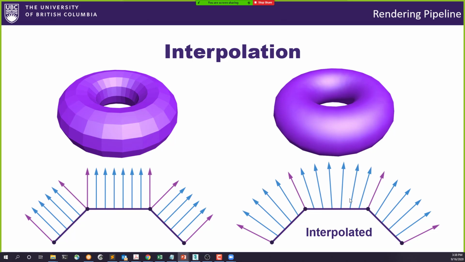The way we interpolate that is, instead of computing the normals per triangle, we compute normals per vertex. This is basically computing the normals on all the triangles that are neighboring this vertex here, and you just average all those normals and you get the normal for each vertex. And then those values are interpolated, right?